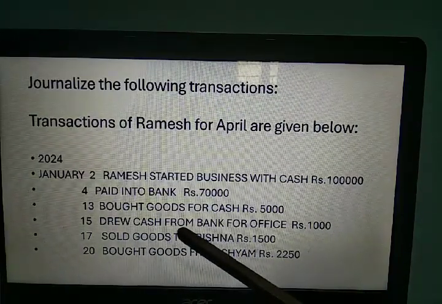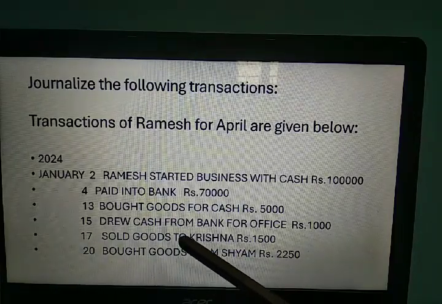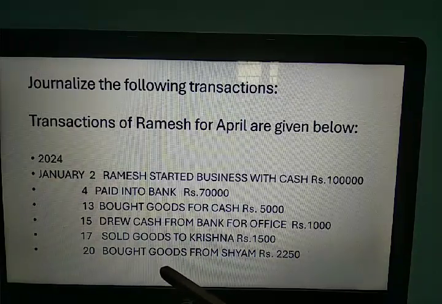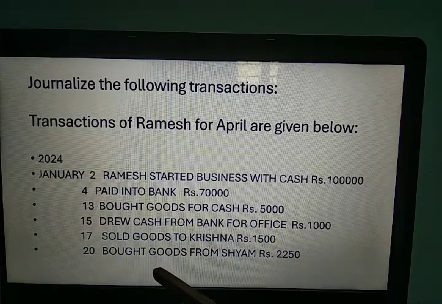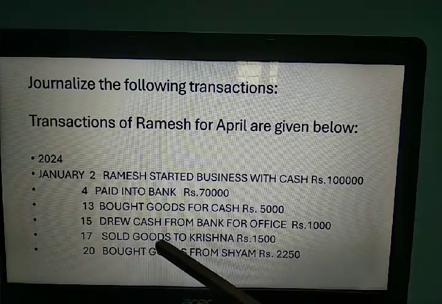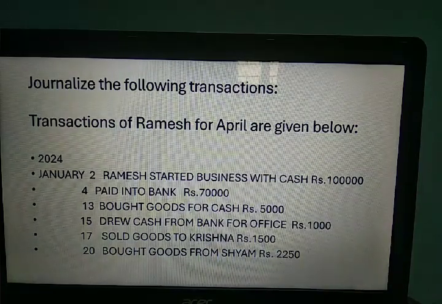You are withdrawing some amount from the bank. Then sold goods to Krishna for rupees 15,000, bought goods from Sam 2,250. So these are the 6 transactions given to you, and you have to record them in the journal.